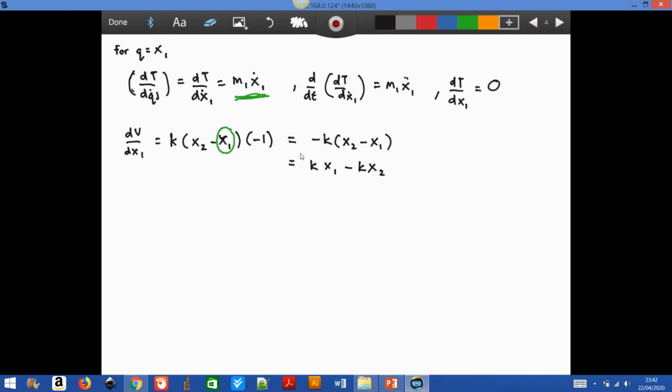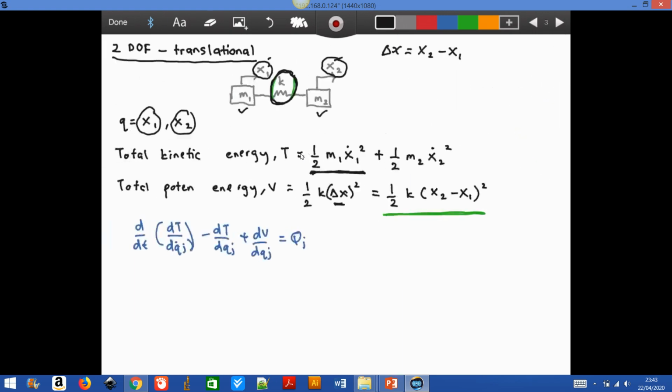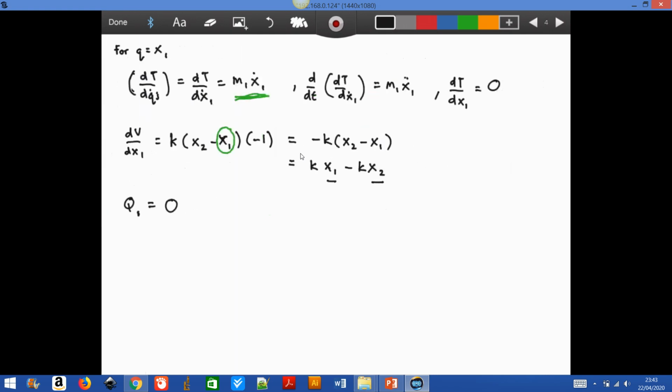Rearrange back because we're going to put it in the matrix form, so we arrange x1 first and then x2. So for the force, Q1 is equals to 0 because in here there's no external force, it's a free vibration, therefore it's 0.